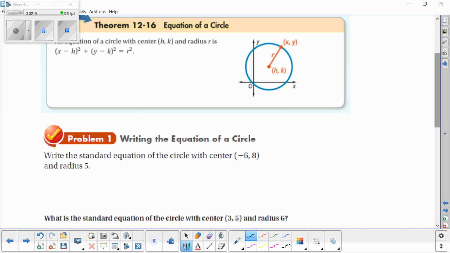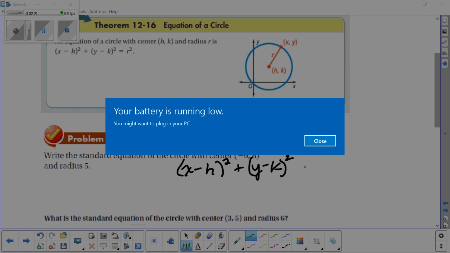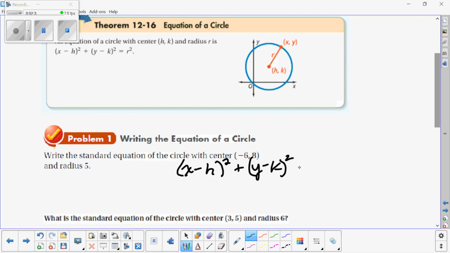So it goes like this: x minus h, where h is the x coordinate of the center, squared, plus y minus k, where k is the y coordinate of the center, squared, equals the radius squared. So in this case, the radius is 5, so we're going to square that.